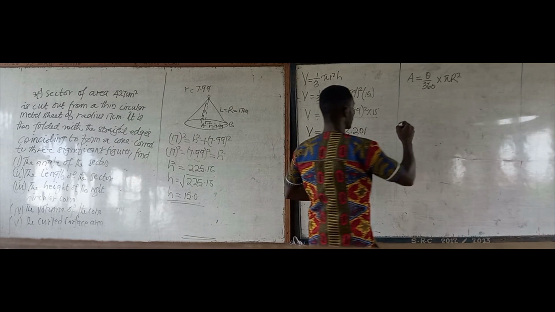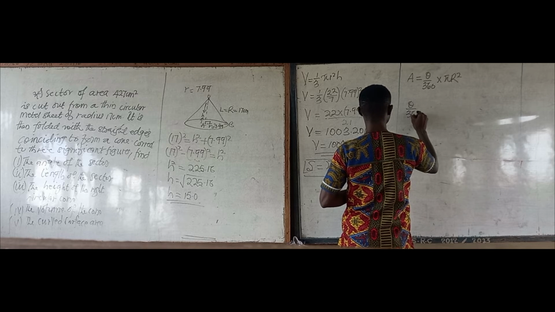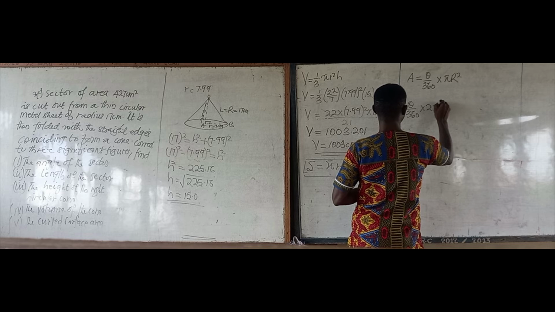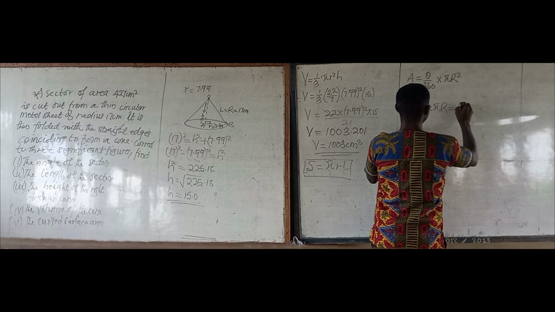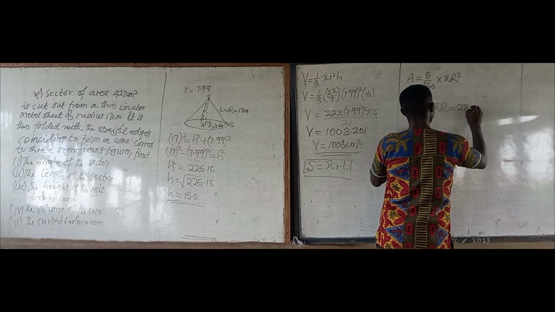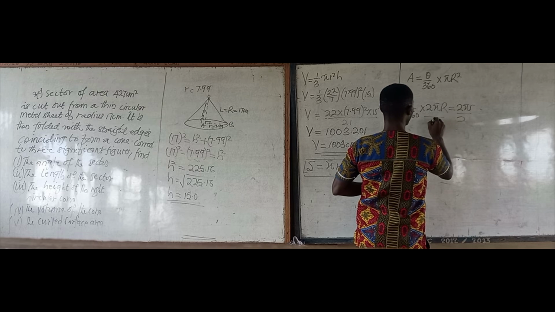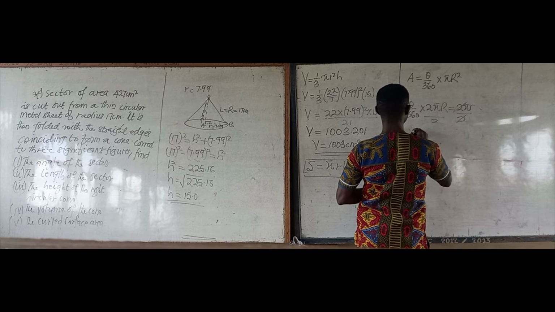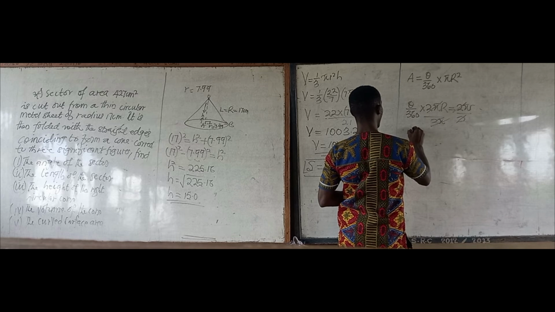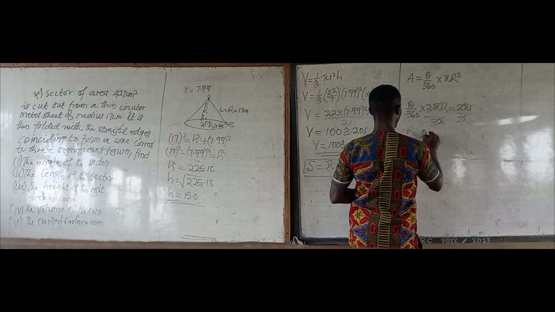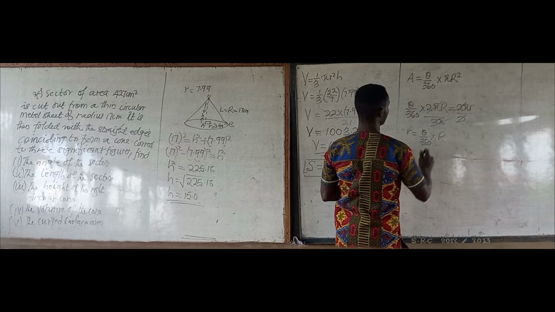So that is theta over 360 times 2 pi R, which is the one that forms the circumference of the cone, which is 2 pi r. If you divide by 2 pi, this cancels that, and you get small r equals theta over 360 times capital R.